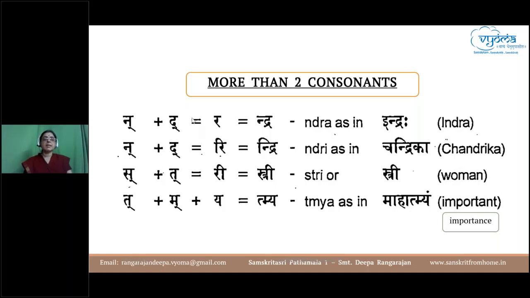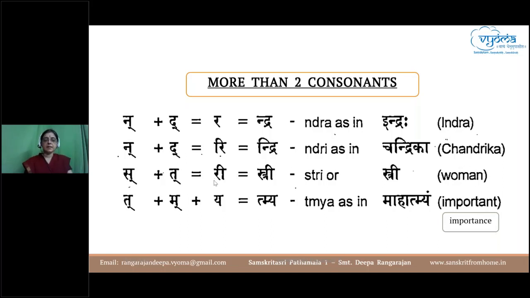This is also a plus sign. Yes. N plus d plus r equals ndra, as in Indraha. Very good. Then n plus d plus ri equals ndri, as in Chandrika. Yes. And s plus t plus ri equals stri, as in stri, woman.